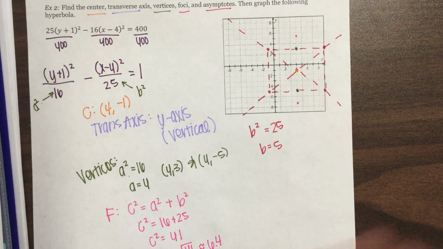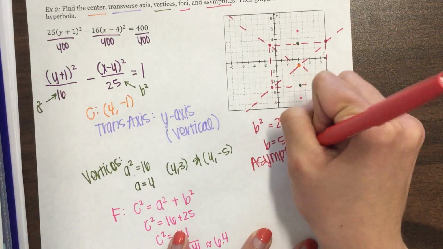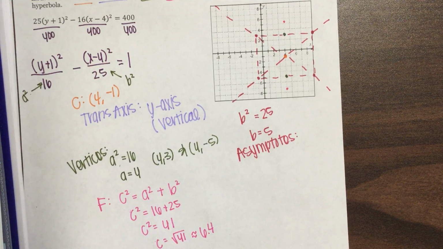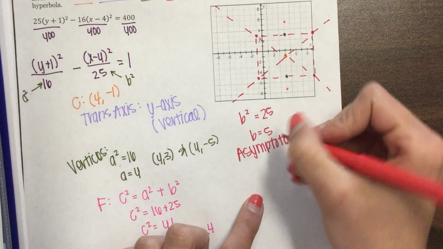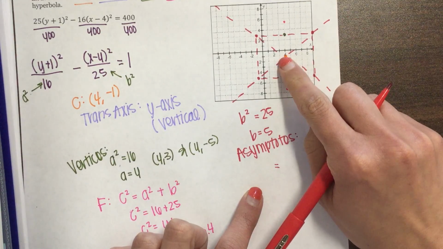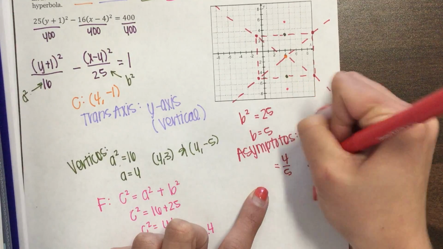And I have to write equations for my asymptotes. This is where it gets a little bit more complicated, so pay really close attention right here. It's still rise over run, so we can still write our slope. If we went up 1, 2, 3, 4, and over 5, this number right here is 4 over 5.